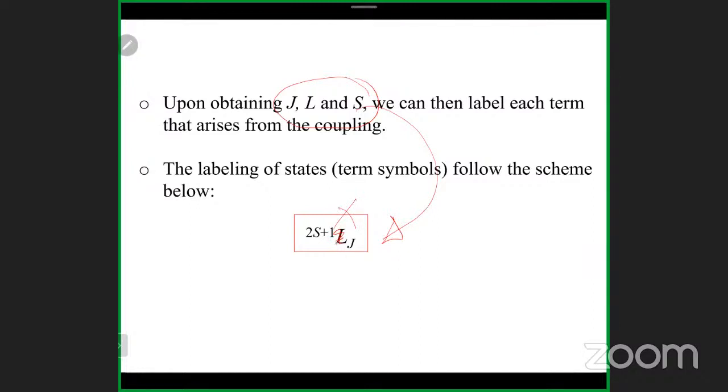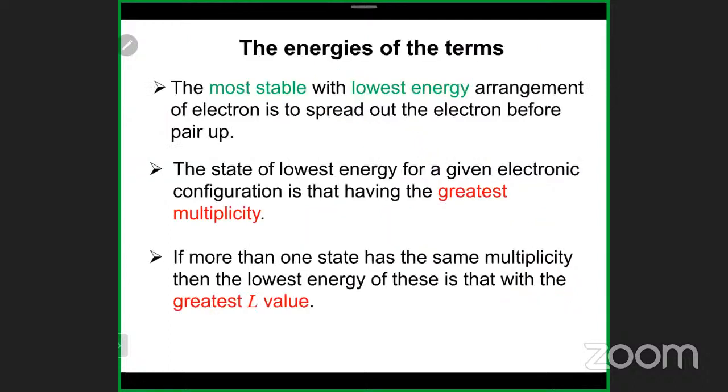Won't be confused because there's also the symbol L, but you can actually use L. So it's 2S plus 1, L, J. It depends on the value of L. If it is 0, then you have a big S. If it is 1, you have a big P. If it is 2, you have a big D. Then you have your multiplicity there and the actual spin orbit coupling quantum number J. So it's not very difficult, quite easy.